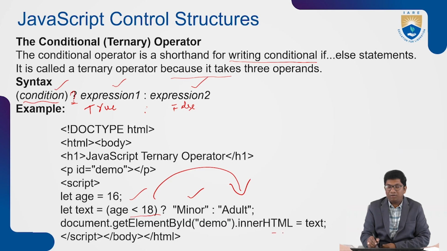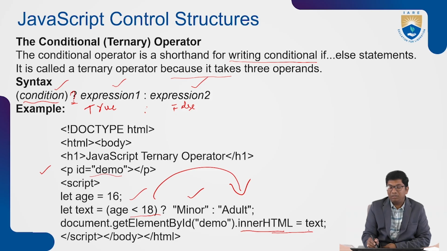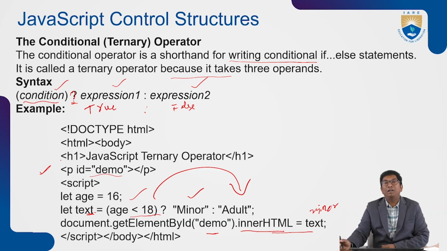So here we display the output by writing document.getElementById demo.innerHTML. So the output is displayed here in the paragraph. The ID given here is demo. Whatever the text value is, if it is minor, it assigns the value minor and displays it in the demo. What is this demo? It is the name given to the paragraph, ID is equal to demo.